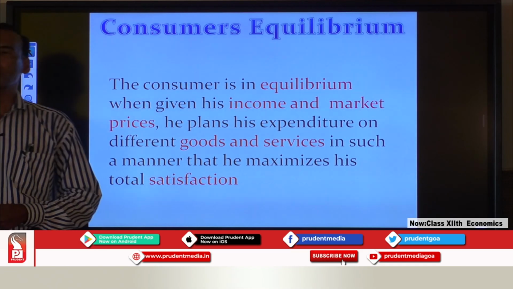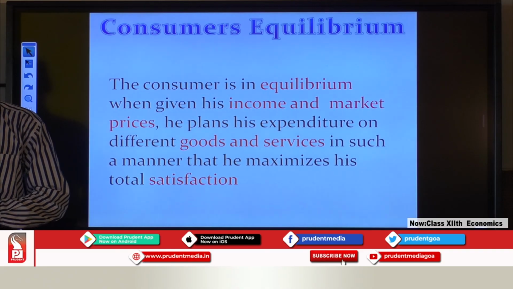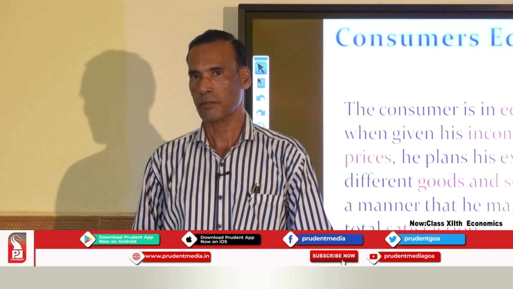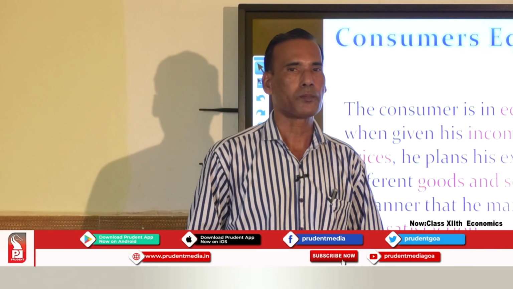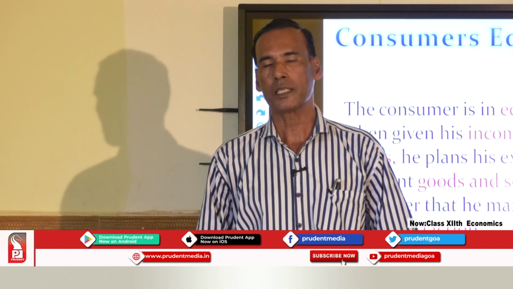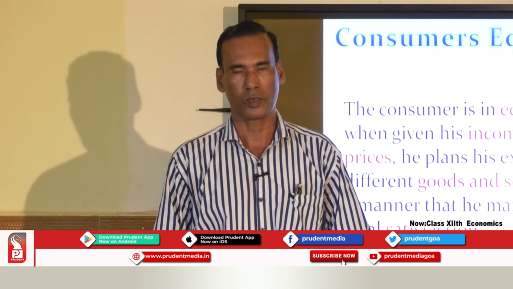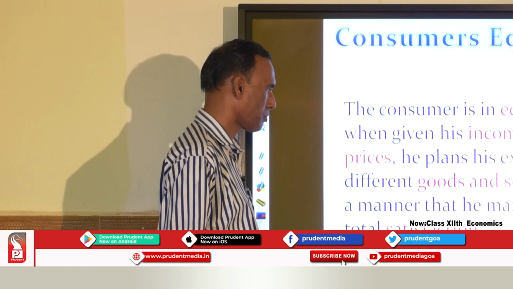The income and the price of the commodity will determine the satisfaction of the consumer. So the consumer plans his expenditure in such a way that he maximizes his satisfaction. What we call is consumers' equilibrium.